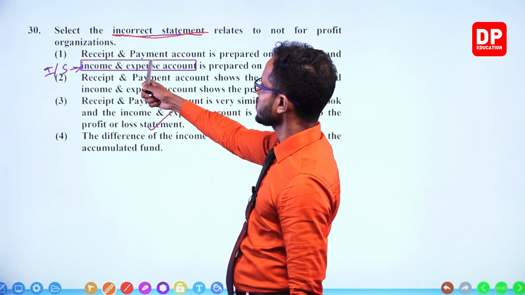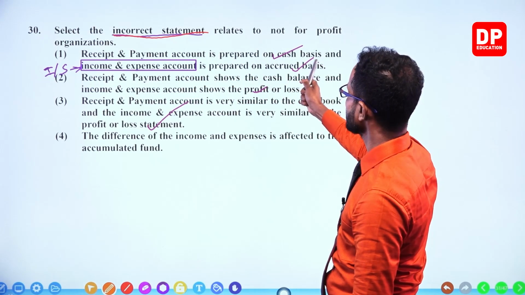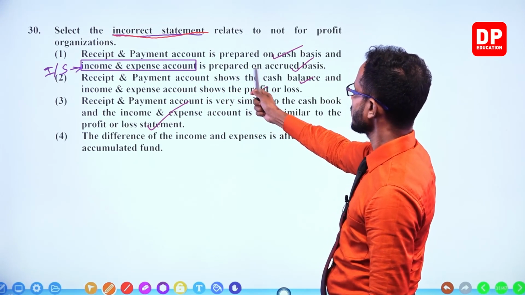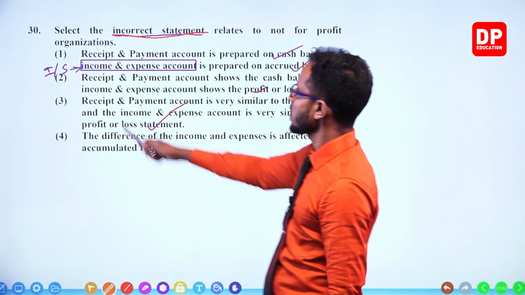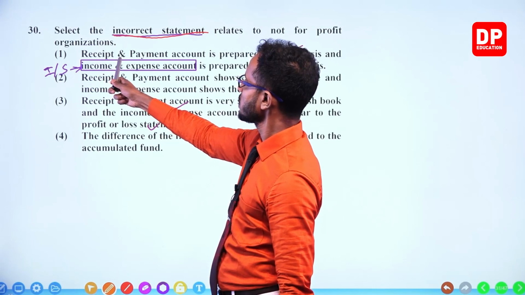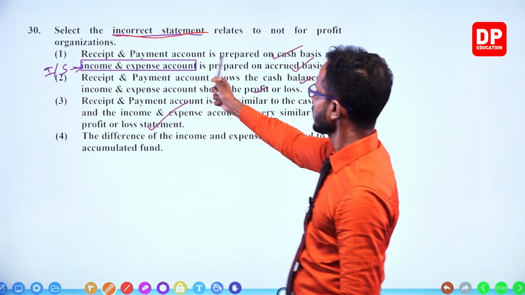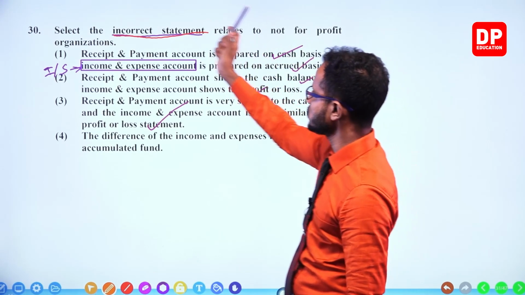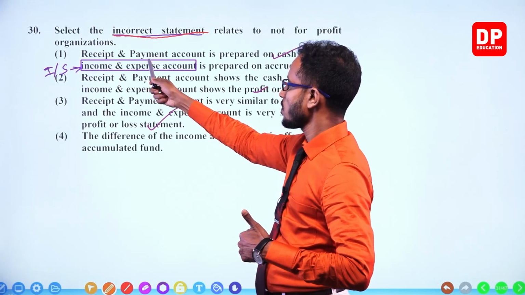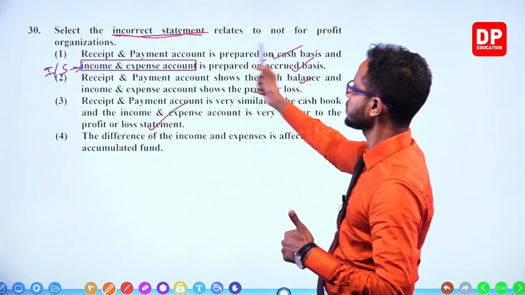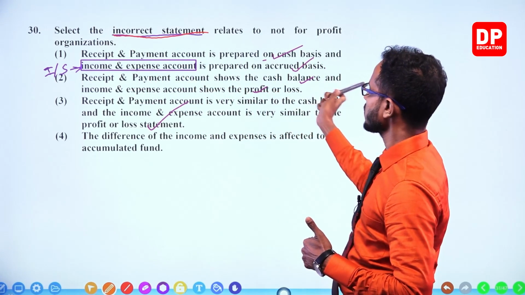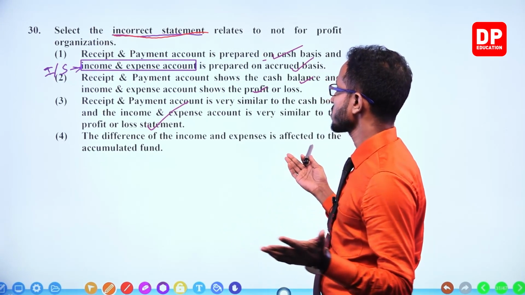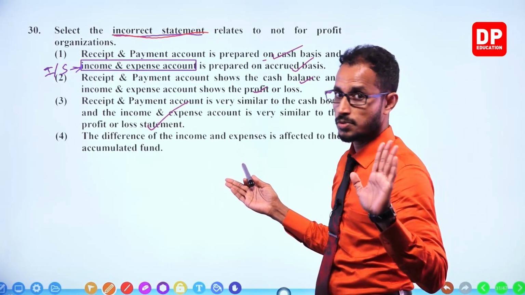Receipts and payments account is prepared on cash basis, and income and expenditure account is prepared on accrual basis. This is correct. Income and expenditure means the income statement. Okay, I told you once.